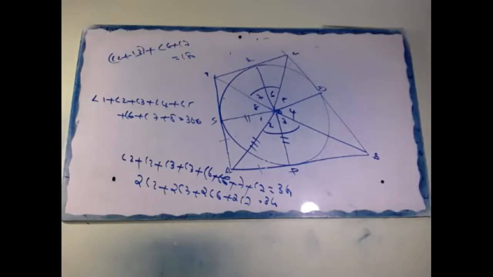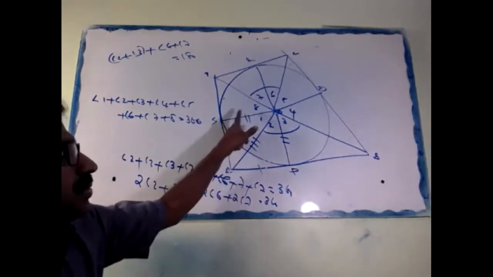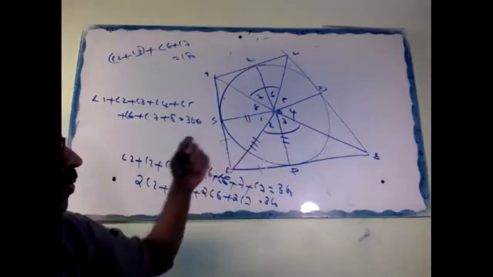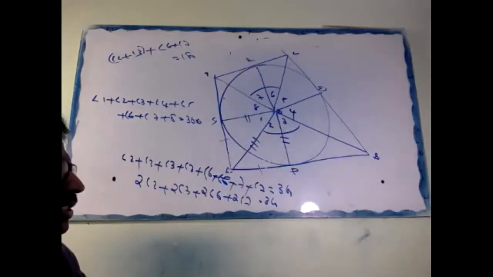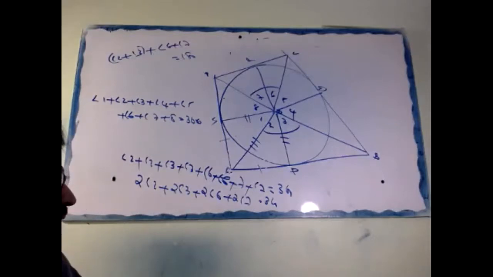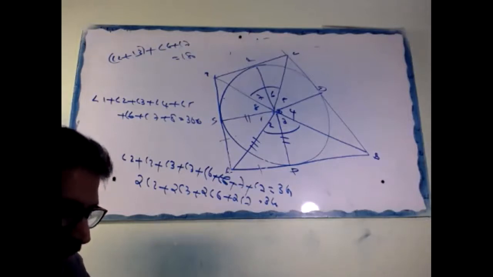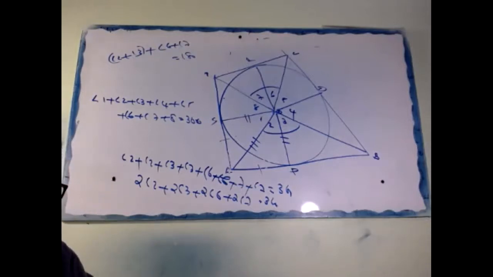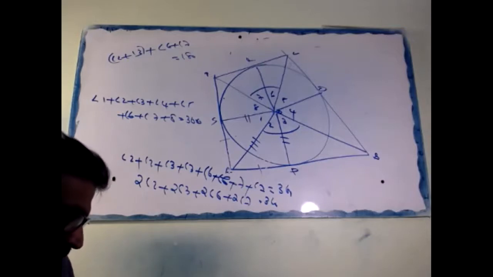Right. In triangle ASO and APO, AS equal to AP, tangents from an external point are equal.